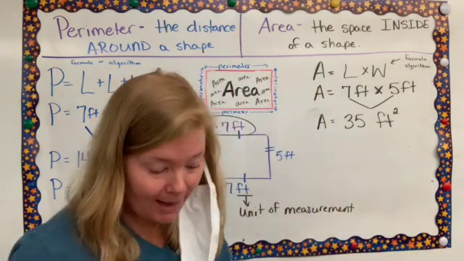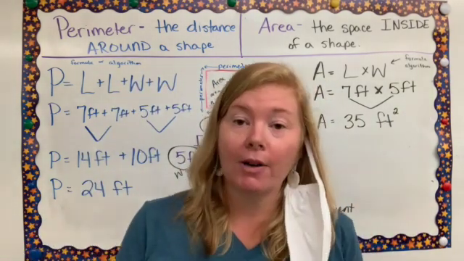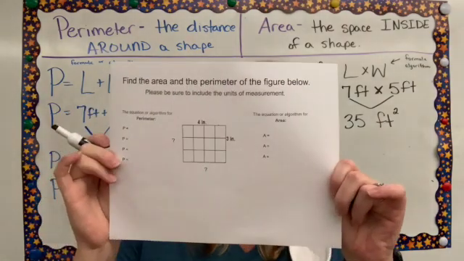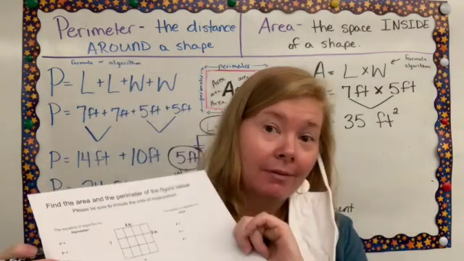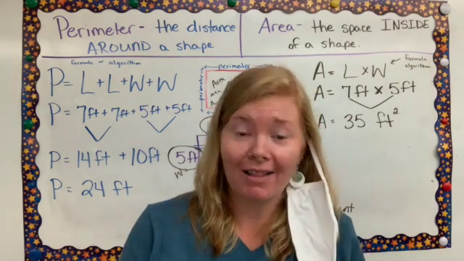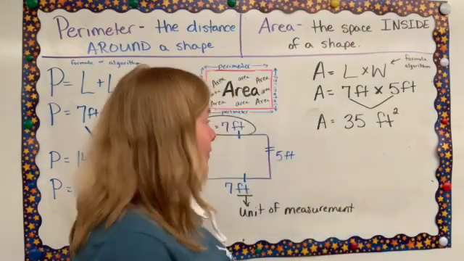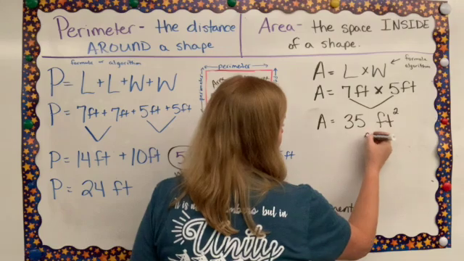Now, can you write that when you're completing your work? You're going to find that little 2? No, you're not going to find that little 2. So you have to actually write it another different way.